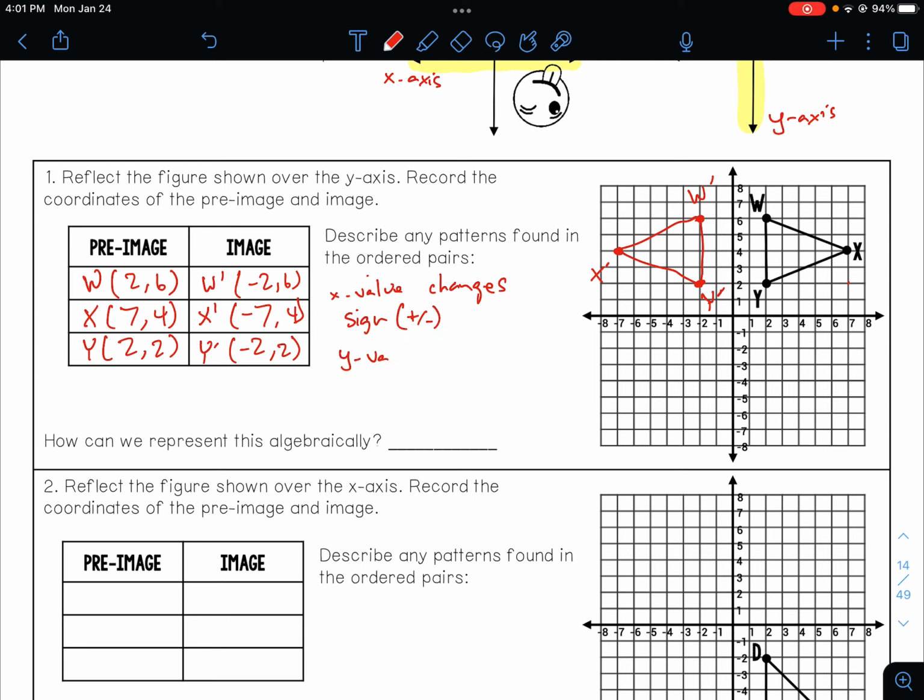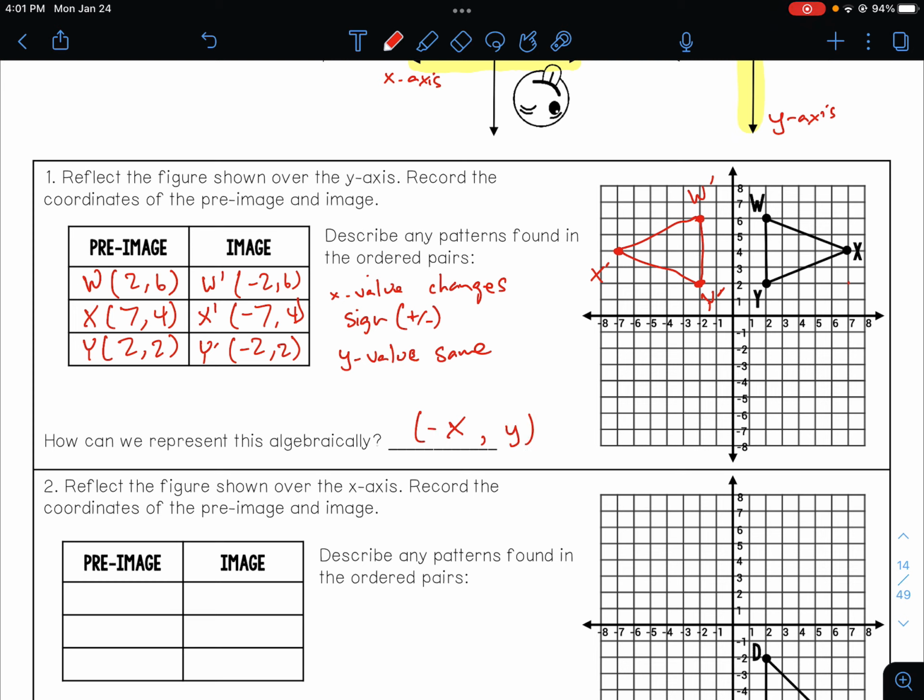Well, if we have (x, y), what are we doing to the x? We are changing the sign. How do we represent that? With a minus sign, with a negative. So basically the idea is if it's positive, it turns negative. If it's negative, you change it to a positive. So it flips the sign.